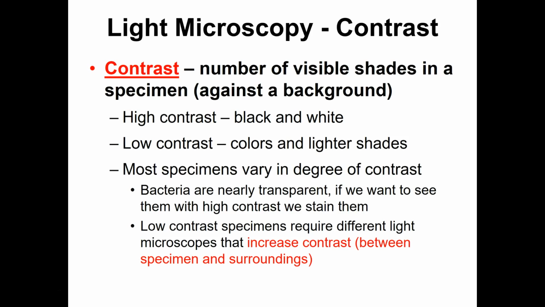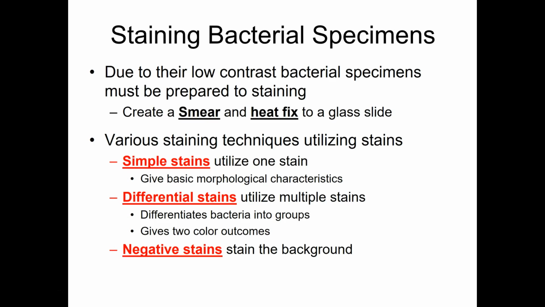Typically, we have to kill our bacteria in order to stain them. This is what we'll talk about more in lab, but a brief introduction into staining bacterial specimens. Like I said, bacteria are extremely low contrast. They're essentially glass. So we have to prepare them to be stained to boost their contrast.